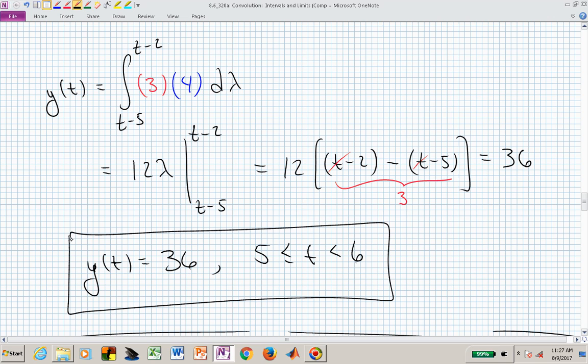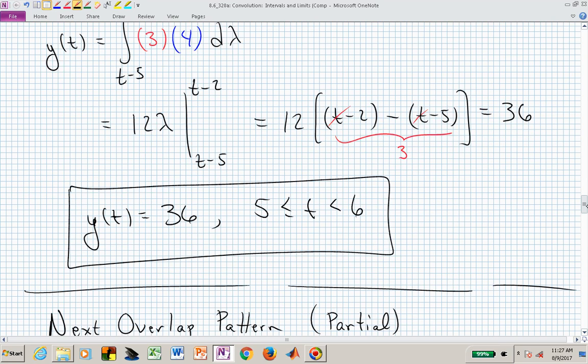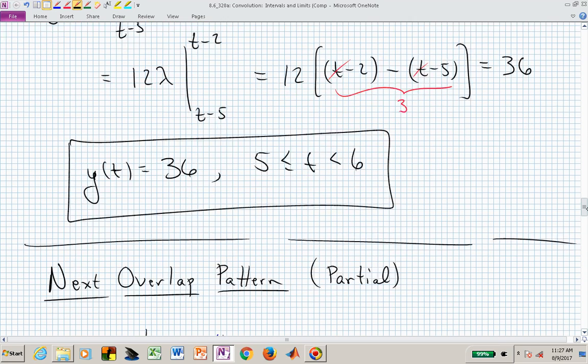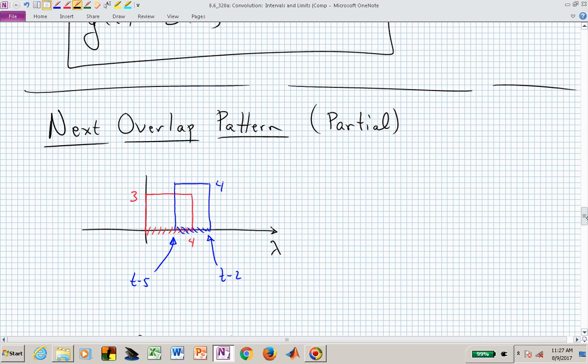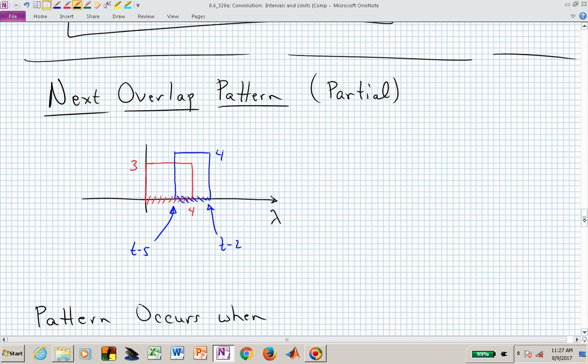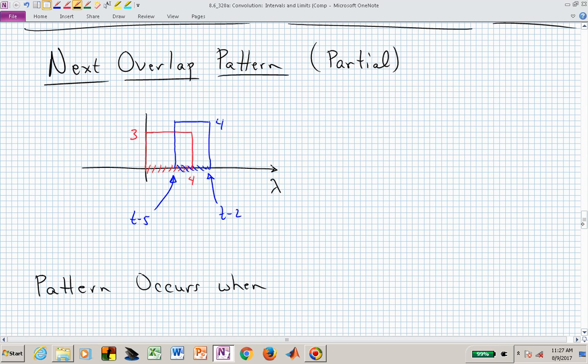So there's another functional expression for y of t between a different set of intervals. Now let's look at the next overlap pattern. Now this overlap pattern occurs when we need to slide t minus 2 beyond 4, and we need to keep t minus 5 less than 4.